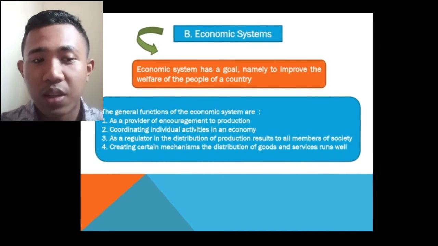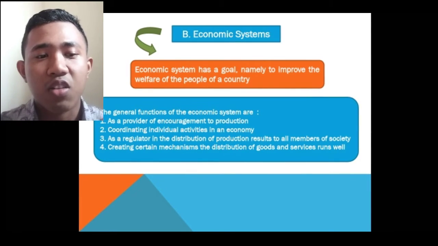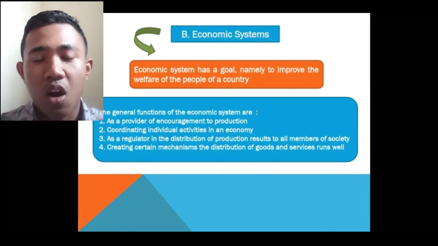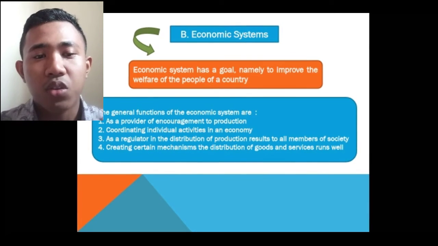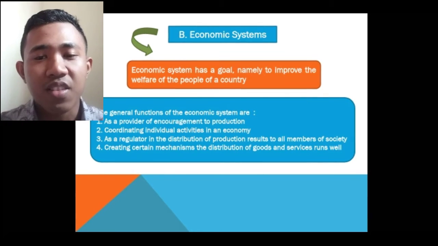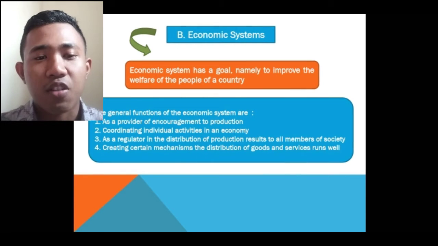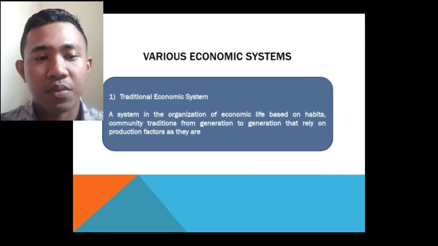Coordinating individual activities in an economy. 3. As a regulator in the distribution of production results to all members of society. 4. Creating certain mechanisms so the distribution of goods and services runs well.